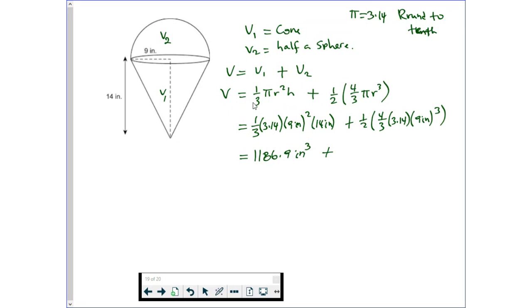So add the two, and you'll get the volume of the ice cream. So plus, 2713.